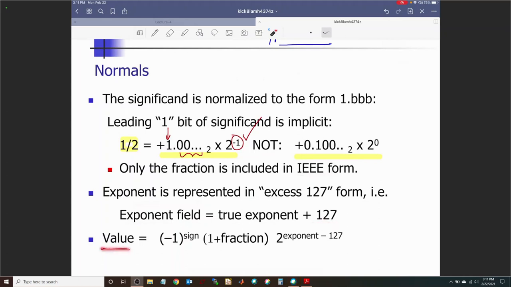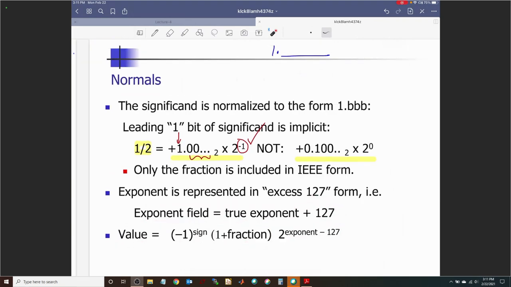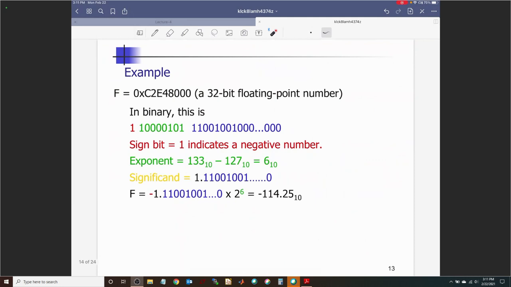So the value of the number can be computed as -1 raised to sign, which is very straightforward from before, followed by, instead of significand, now what we have is 1 plus fraction, multiplied by 2 raised to, instead of just exponent, you have exponent minus 127. Why? Because the true exponent is actually exponent field minus 127. So once we start doing some examples, everything kind of fits in.